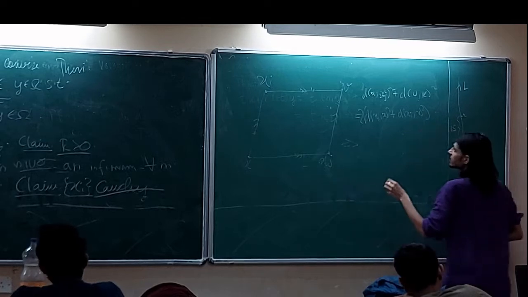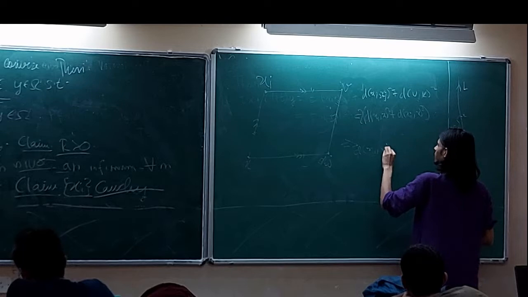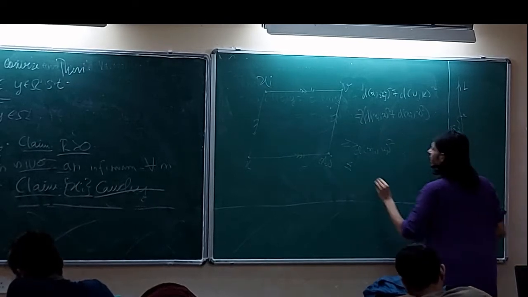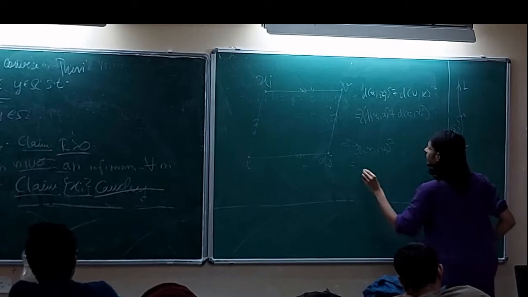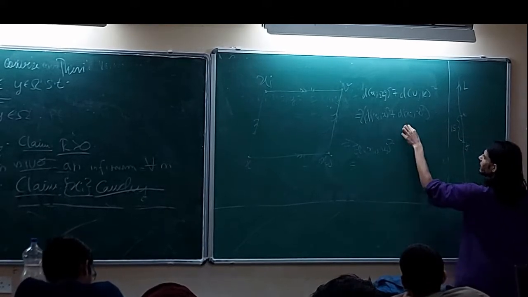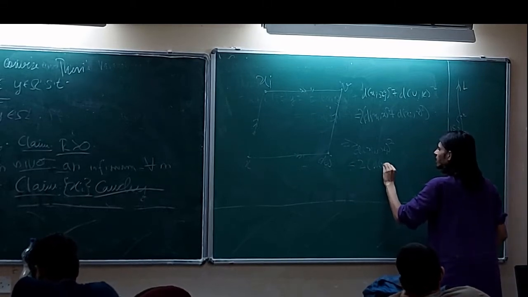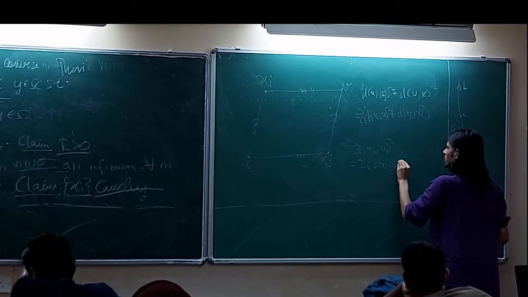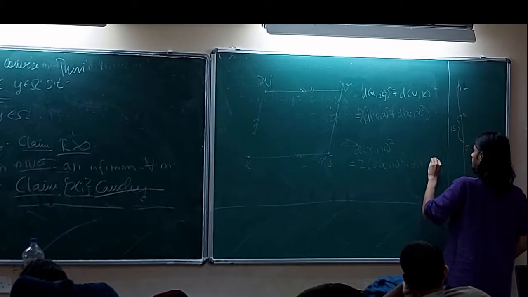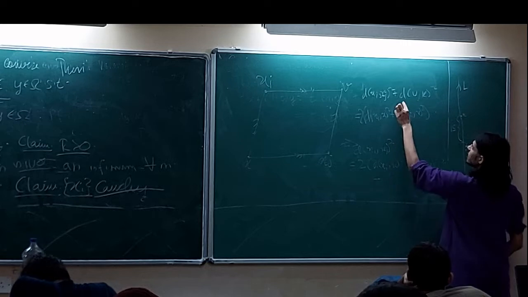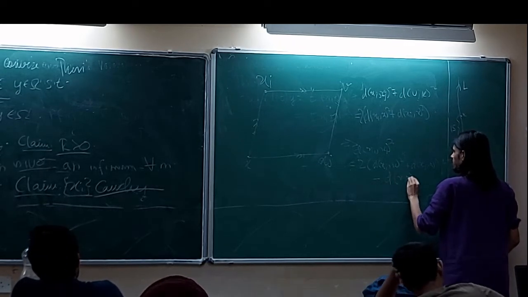This implies d of xi comma xj the whole square is less than or equal to this guy plus this guy minus this guy. So 2 times d of xi comma x the whole square plus d of xj comma x the whole square, minus d of v comma x the whole square.